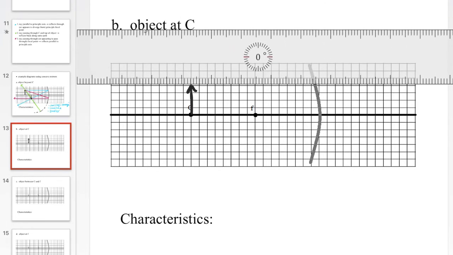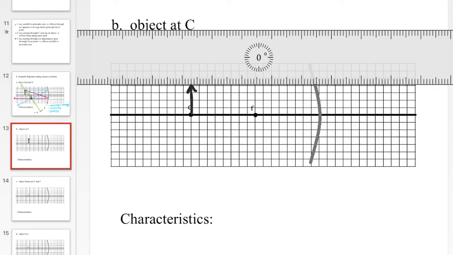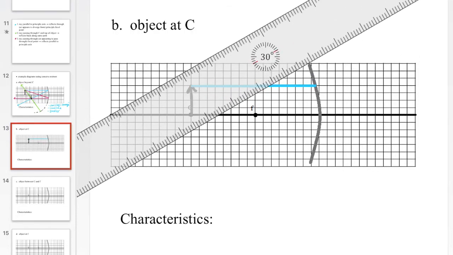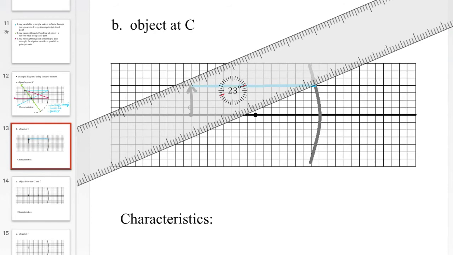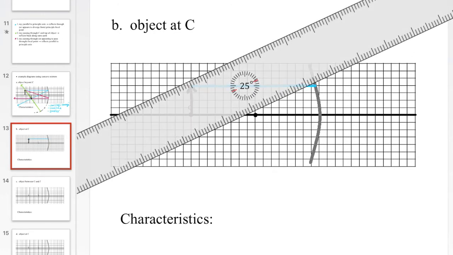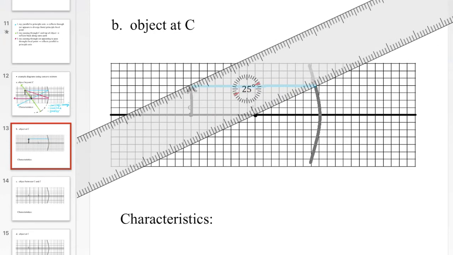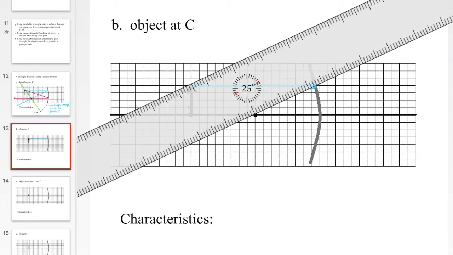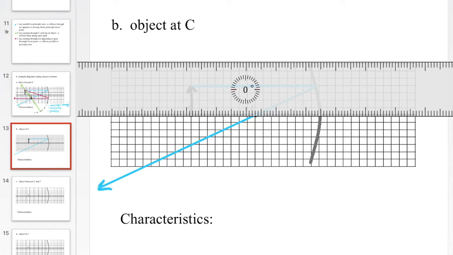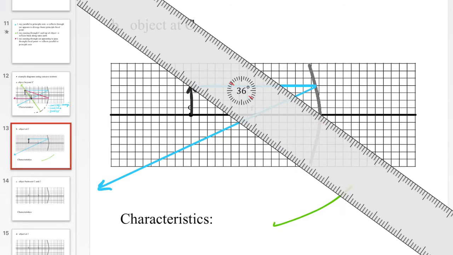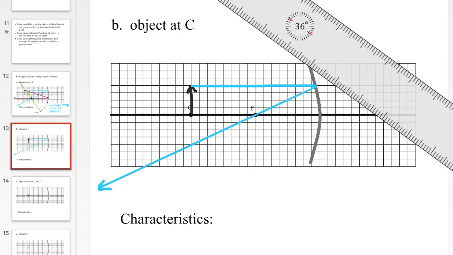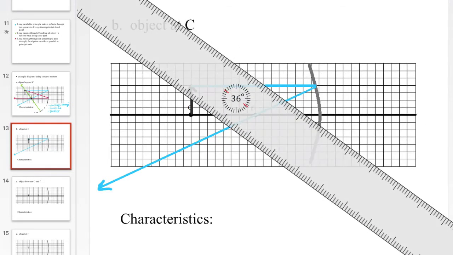So ray number 1 was parallel to the axis, bounced off the mirror, and went through the focal point. Okay, the other one is the one that goes through C, which in this case, well, that's just straight up and down, right? It's already going through C.